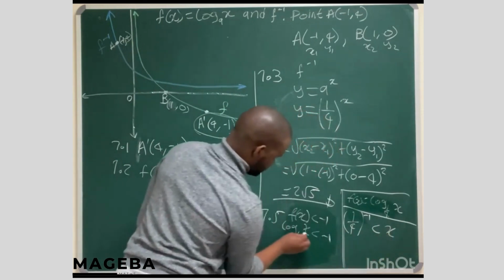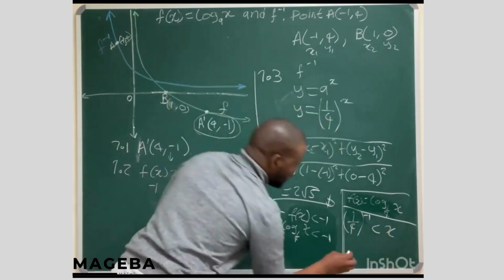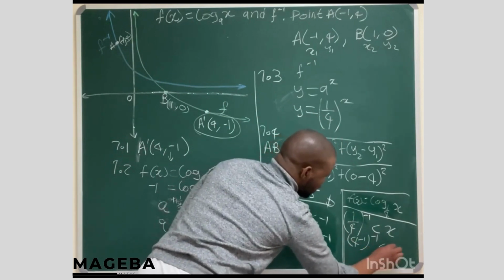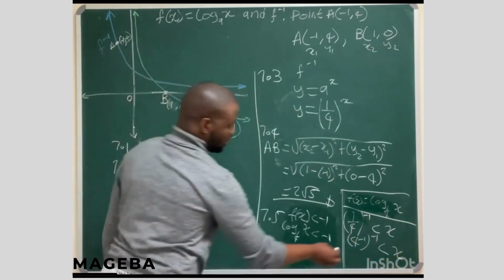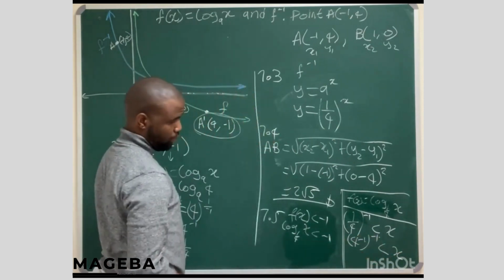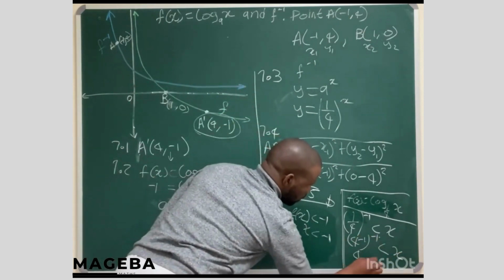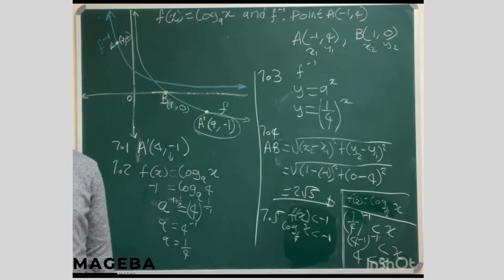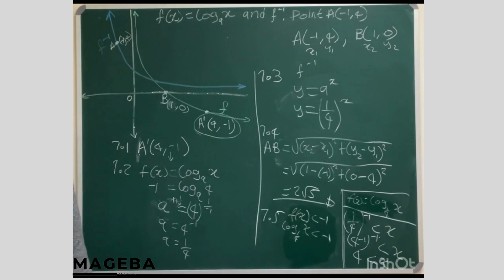Than x. This is my x. And then from here, I can say 4 to the power of 1 is less than x. It's positive, so we're going to have 4, which is less than x. Then this is the values of x that they are looking for.